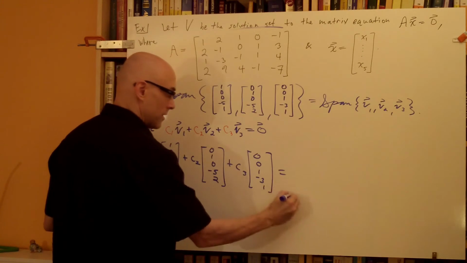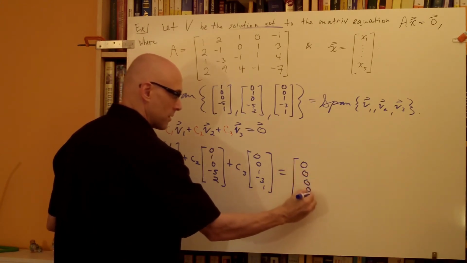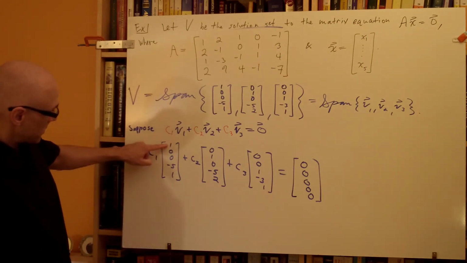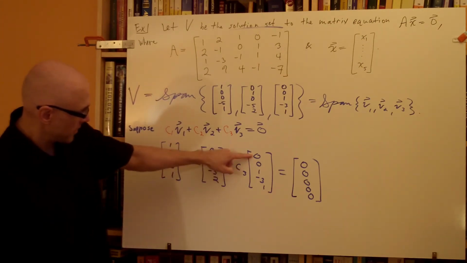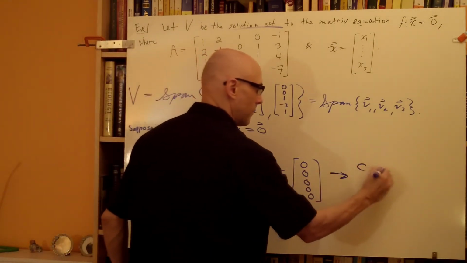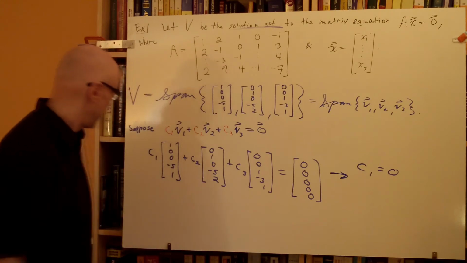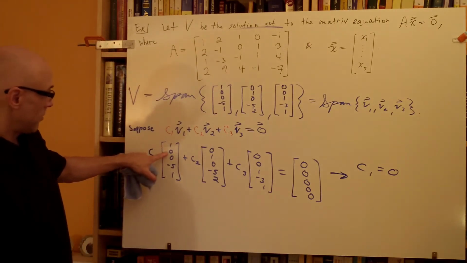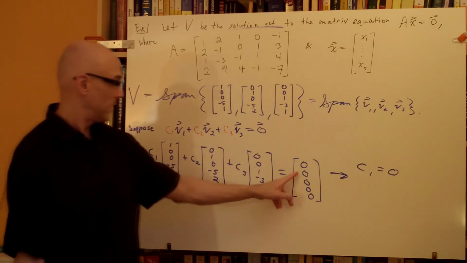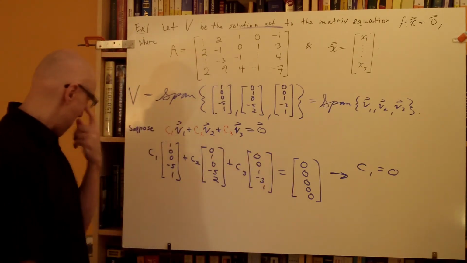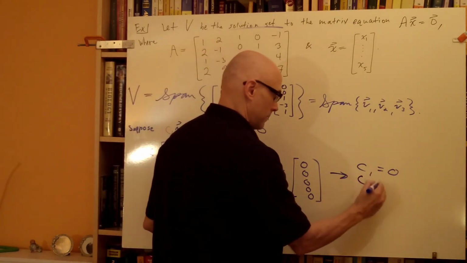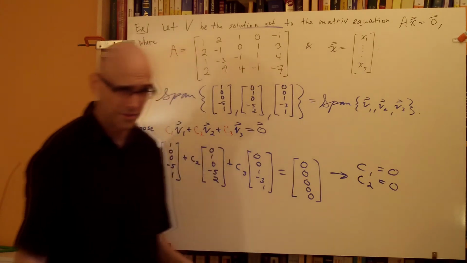The zero vector is 0, 0, 0, 0, 0 in this case. C1 times 1 plus C2 times 0 plus C3 times 0 is equal to 0. What does that give us? It gives us C1 equals 0 right off. And then C1 times 0 plus C2 times 1 plus C3 times 0 is 0, so C2 times 1 equals 0, so we get C2 is 0.